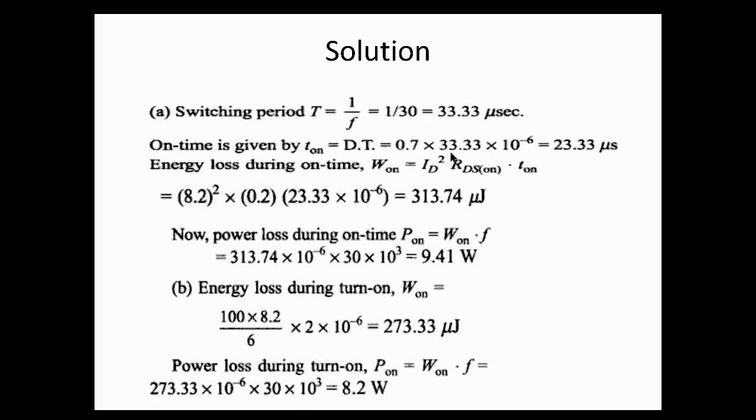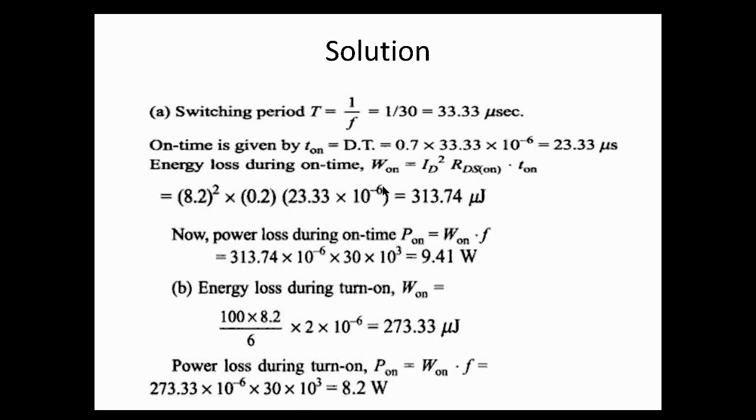So the energy loss during this time, we take I squared R, the square of the drain current multiplied by the drain source resistance when it is on. Of course, we get this resistance of the drain source from the manufacturer's data sheet.